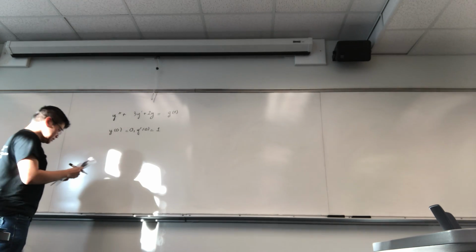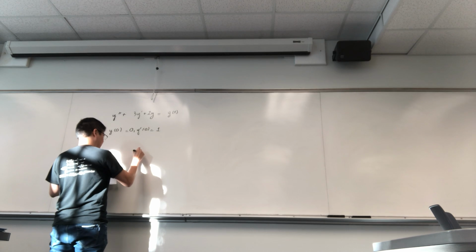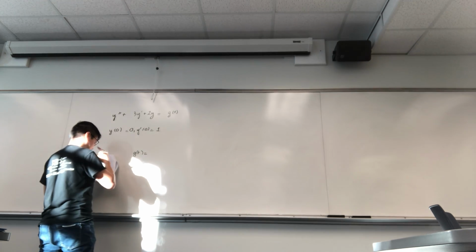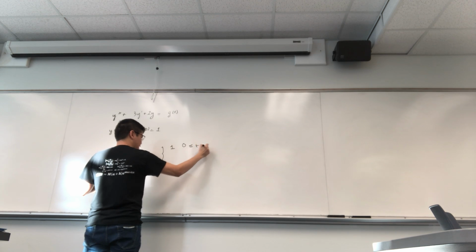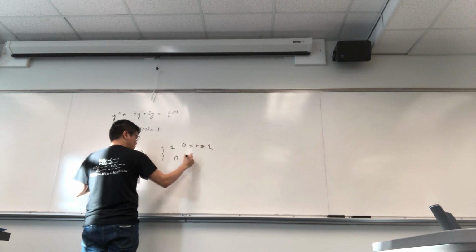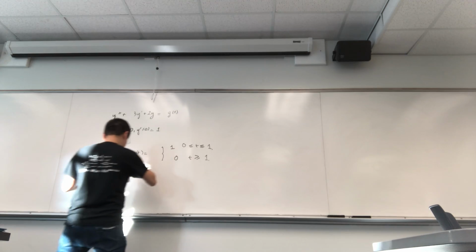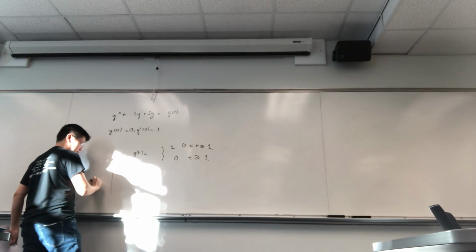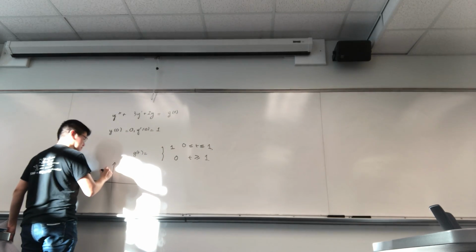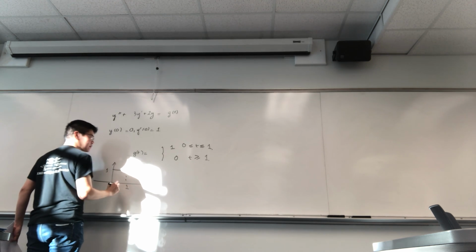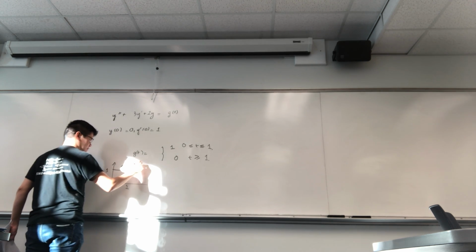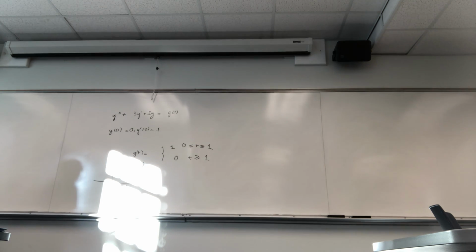And the function g(t) is 1 when 0 is smaller than t and t is smaller than 1, and 0 when t is bigger than 1. So this function is like this, this is 1, this is g(t).